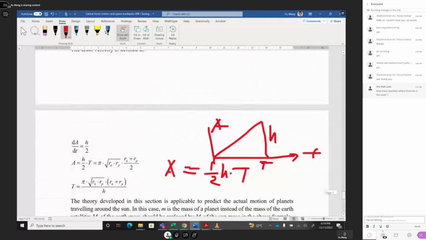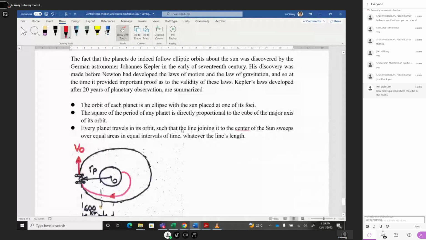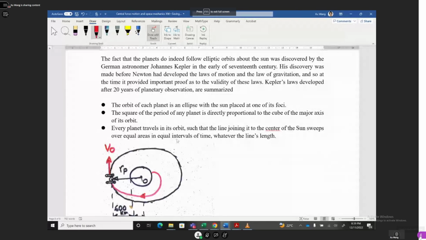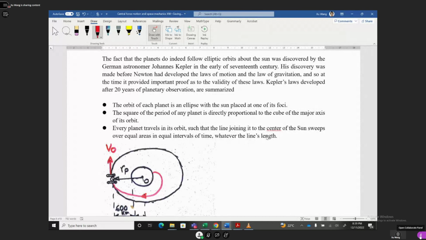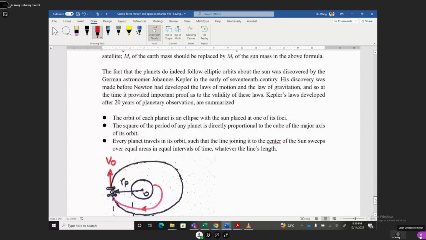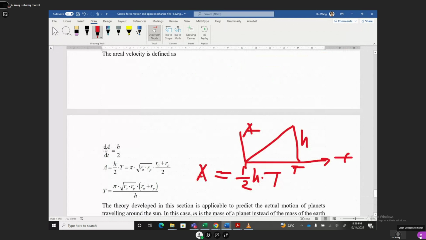The third law is: every planet travels in its orbit such that the line joining it to the center of the sun sweeps over equal areas in equal intervals of time, whatever the length. What does this mean? It means this formula: dA/dt, the area swept in an individual equal time, is constant, equal to h divided by 2.